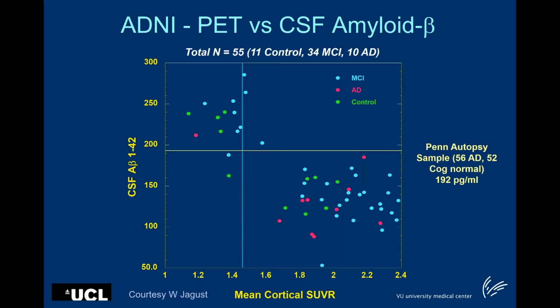So basically taken out of the CSF, going into the brain. So overall, there's a good concordance between a normal CSF and PET finding and an abnormal CSF and PET finding. And that's all fine. You know, the ADs are mostly in the abnormal quadrant, which is all fine. The MCI patients are some here and normal, some abnormal.